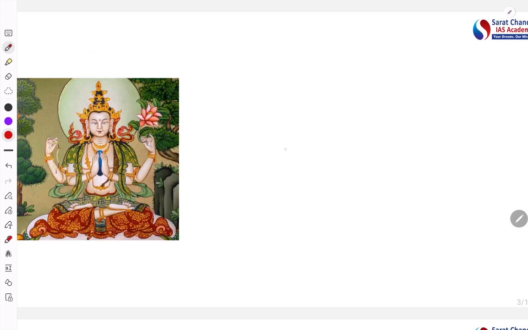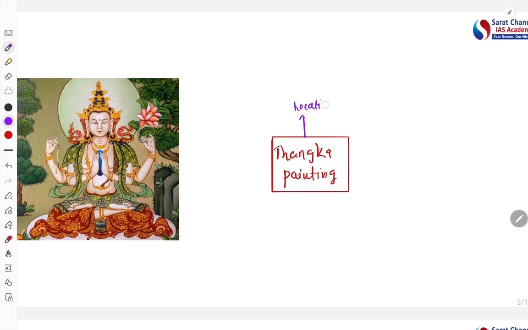Okay, so the first important point: we are covering the Thangta painting. The first thing we have to remember is its location, which is very important. So let's cover the location.